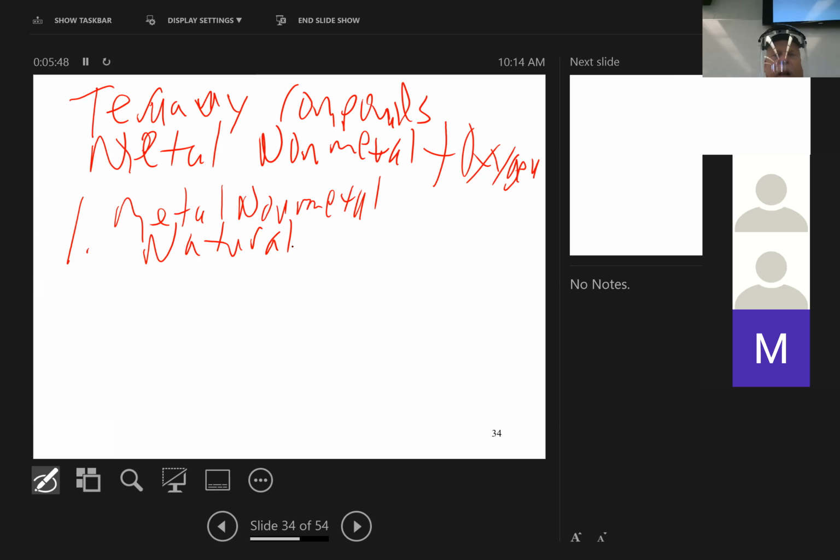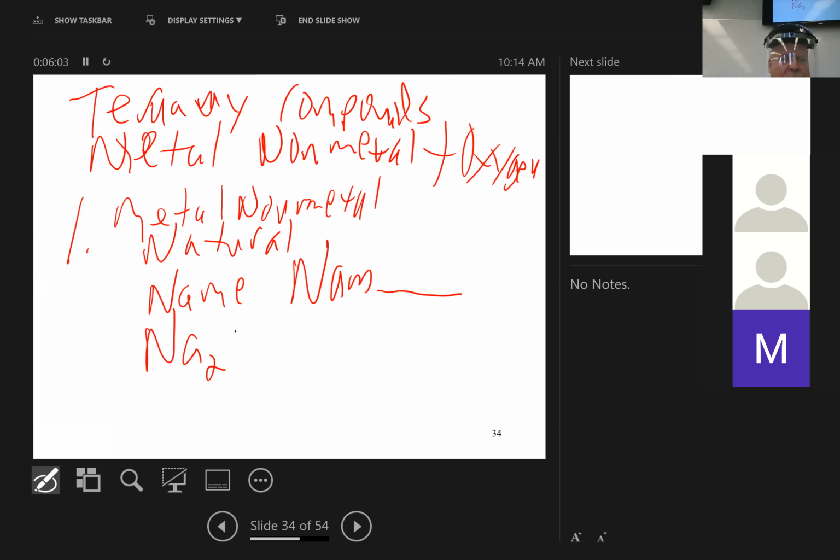But the metal, non-metal, and the natural portion, so you start with the name of the first one, you then have the other name, and then the ending. And I'm going to go into that now by using this example. In the other rules, what is that compound? This is a binary.